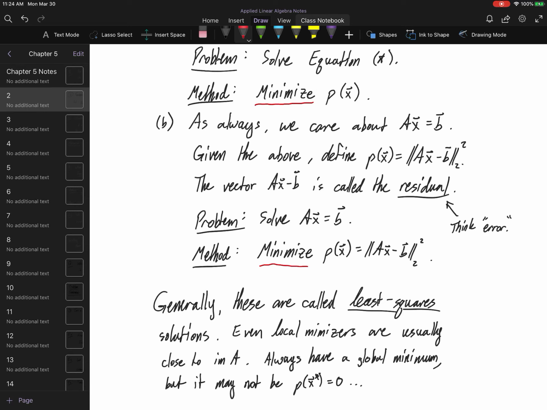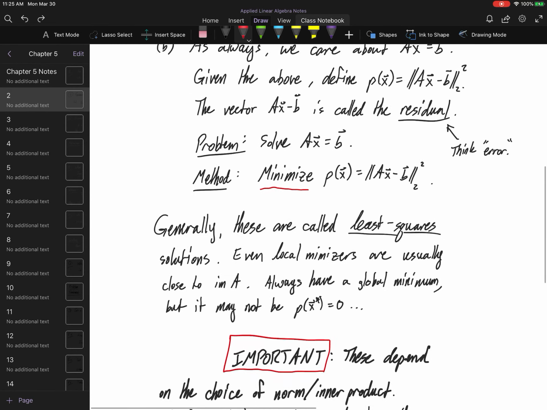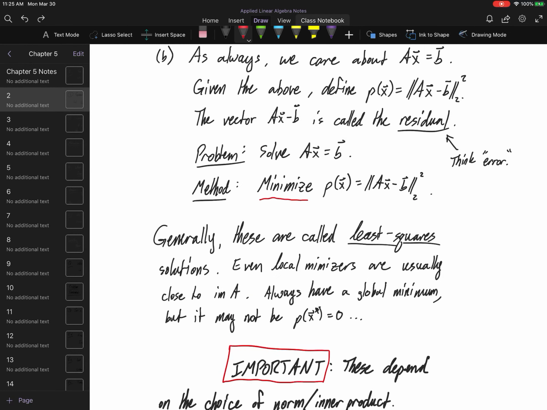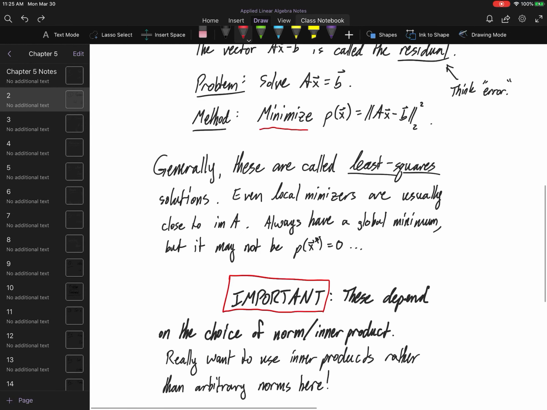And that's exactly what we were solving at the end of chapter 4. How can we make this residual function, or the residual vector, as small as possible? In framing this as a minimization problem, we're trying to minimize this p function, the square norm function. So generally, you might have guessed it, these are called least squares solutions.